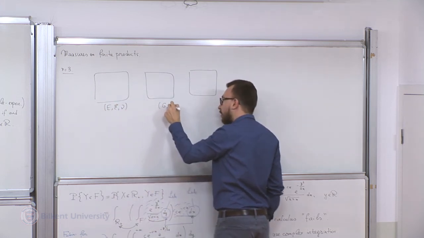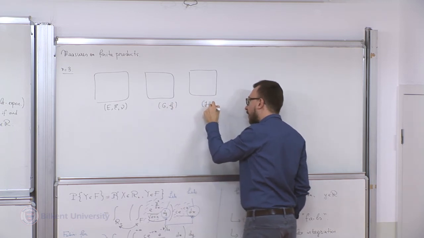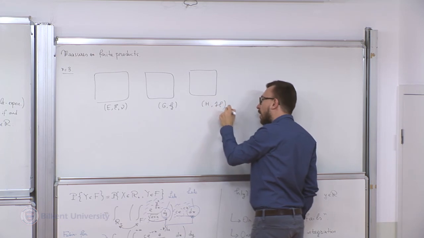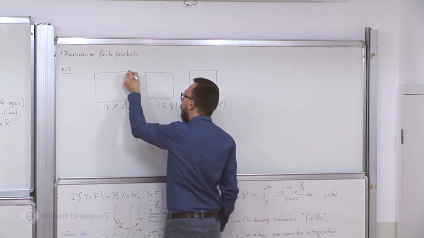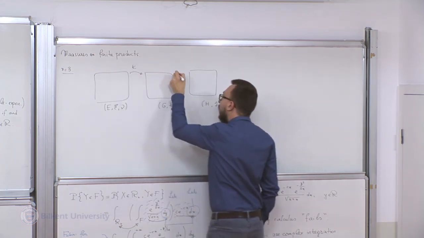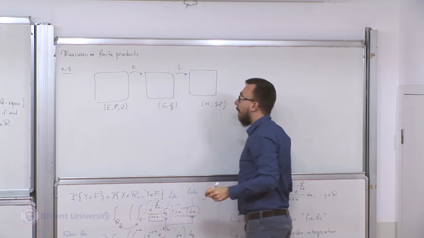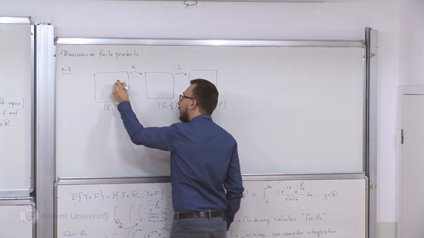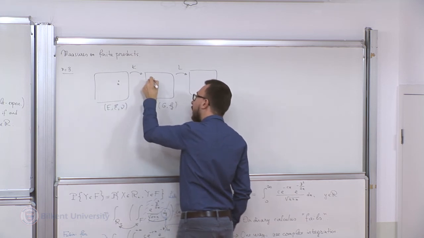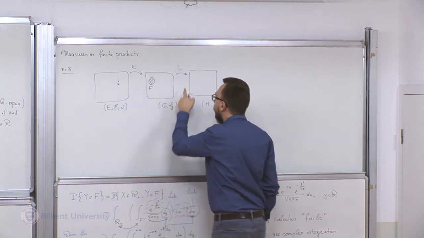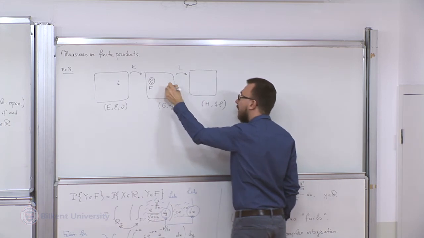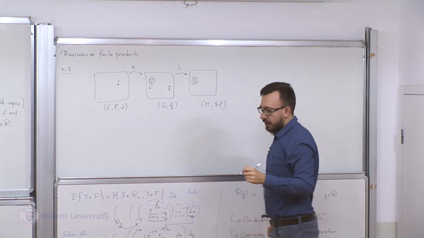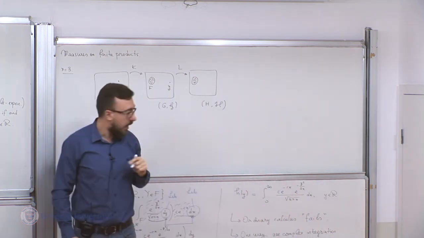You have G, and now we have H. And we have one kernel from here to here, and another kernel from here to here. So this has one variable x and another variable f. And this has one variable y and another variable, which is a set in the 3rd space.